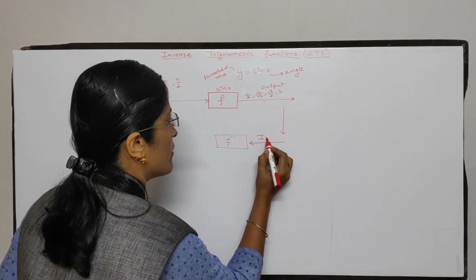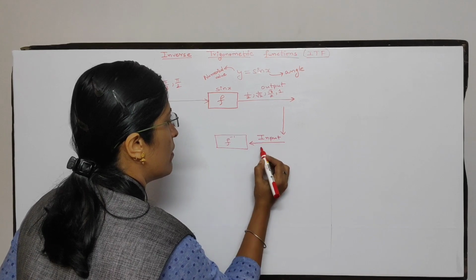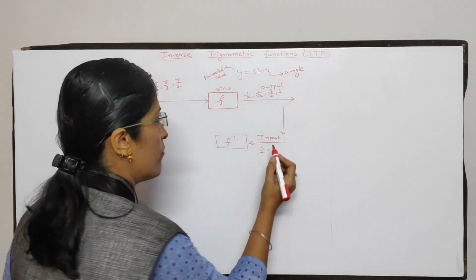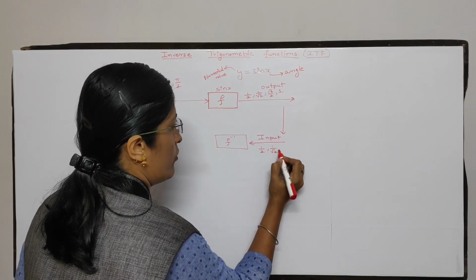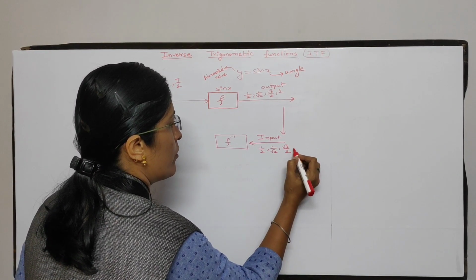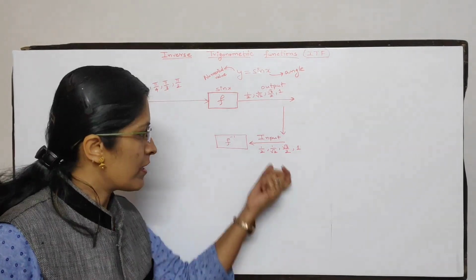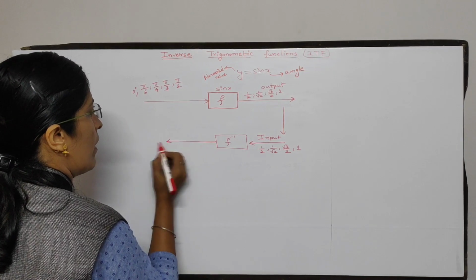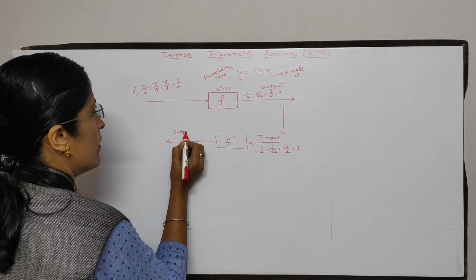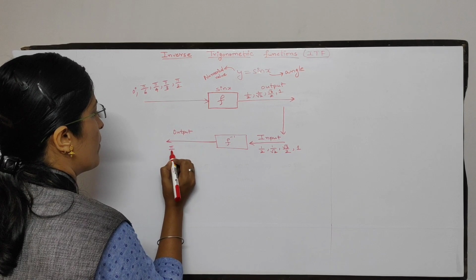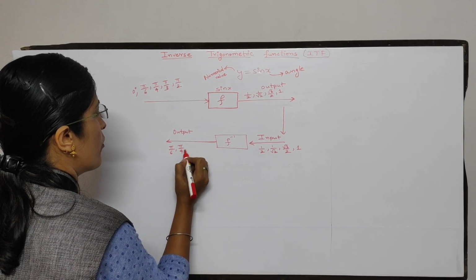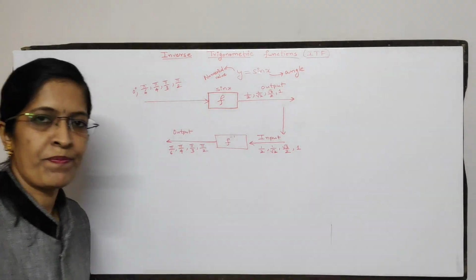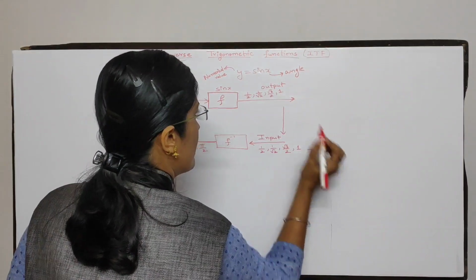So the input numbers here will be 1 by 2, 1 by root 2, root 3 by 2, and 1. These numbers go into this box, and what comes out? The output. So we get pi by 6, pi by 4, pi by 3, pi by 2, and so on. Many numbers are there.